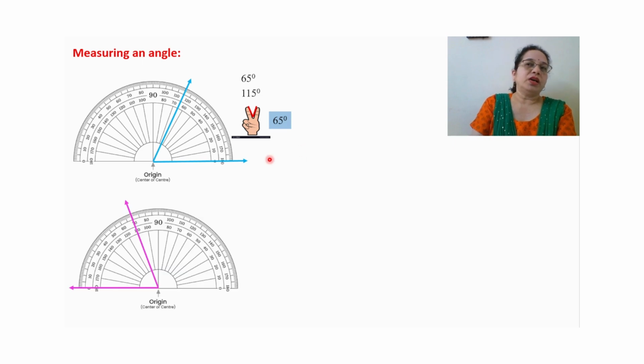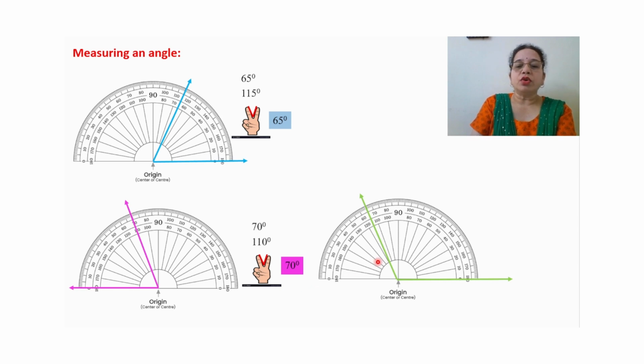Take another figure. Here also two scales are there. Inner scale your measurement is 110 and outer scale your measurement is 70 degree. Now this blue color arms will remind you of the angle between two fingers, that is an acute angle, and 70 degree is the acute angle. So the correct measurement is 70 degree. Now take one more figure.